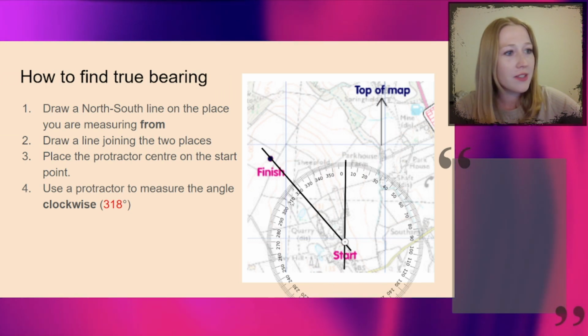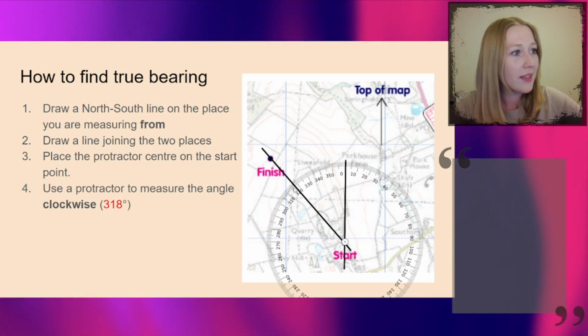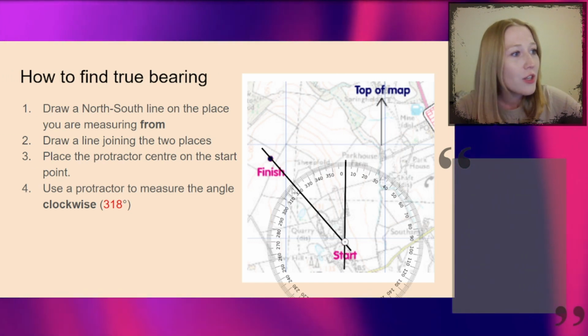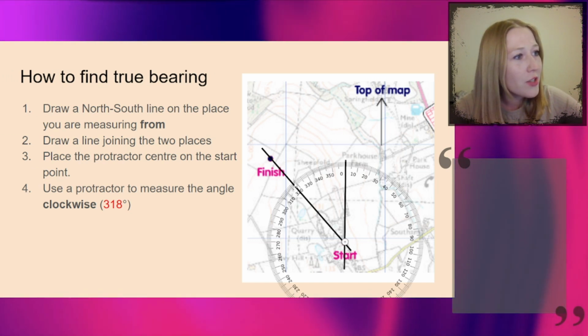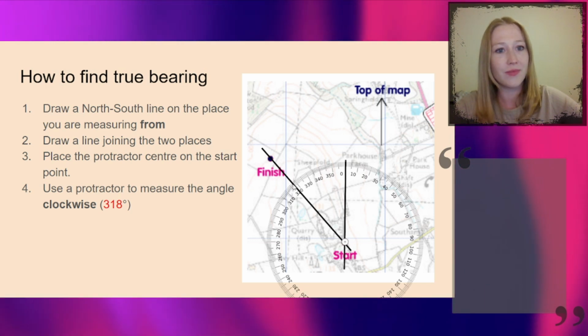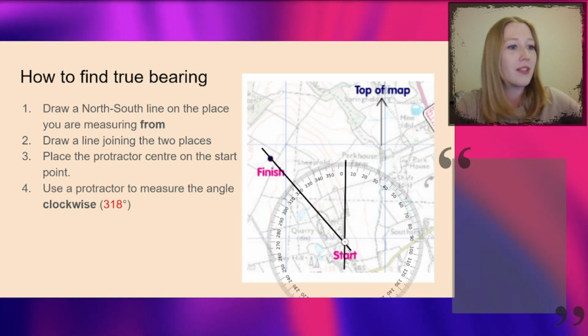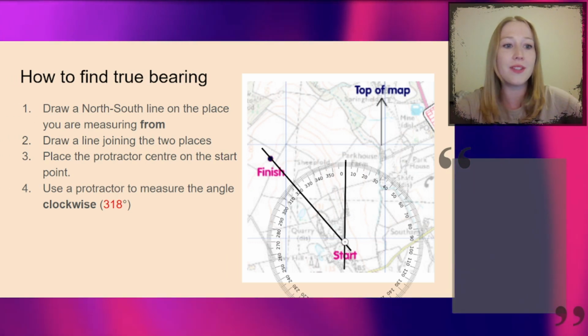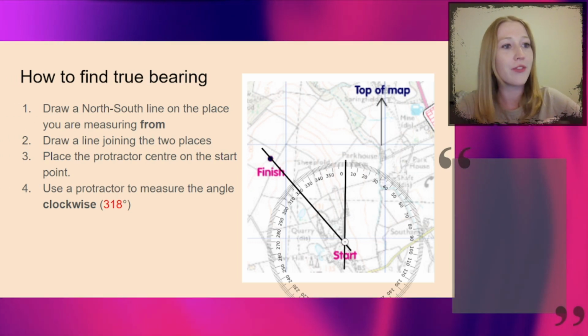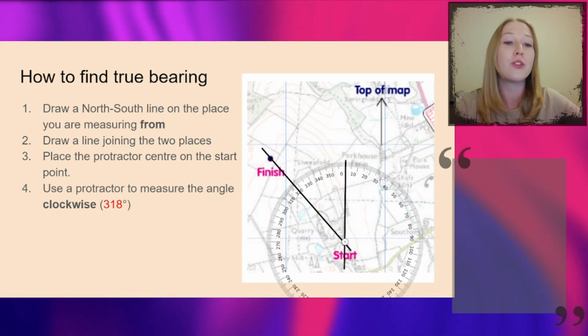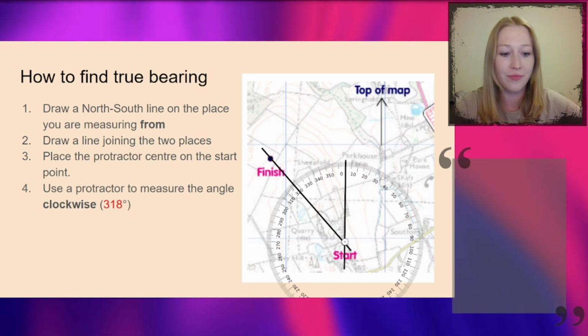I don't know if you guys can see these values very clearly, but it's between 17 and 18, so it's 318. You've got a little bit of leeway. There's always a little margin of error. And this is in degrees. So we have 318 degrees. That is our true bearing.